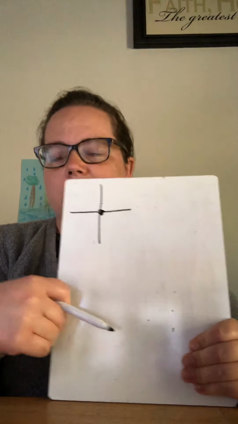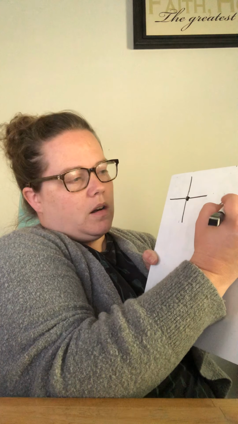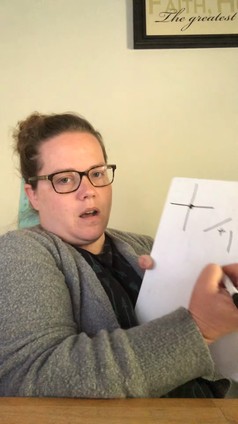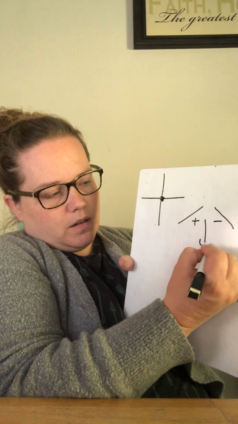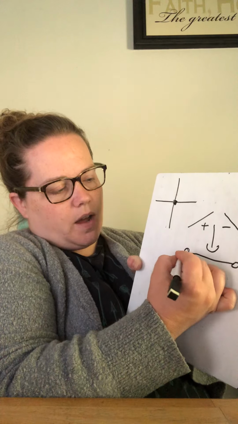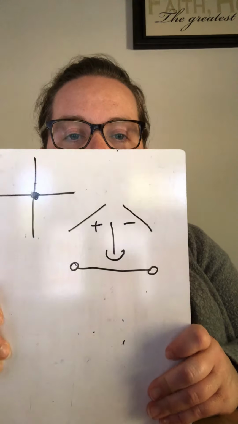And the biggest thing for you guys to remember is slope man, all right? So positive goes up and to the right. Negative goes down to the right. Undefined is straight up and down. And then 0 is a horizontal line, okay? So remember slope man.